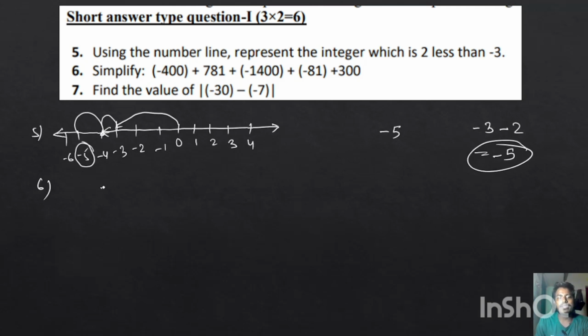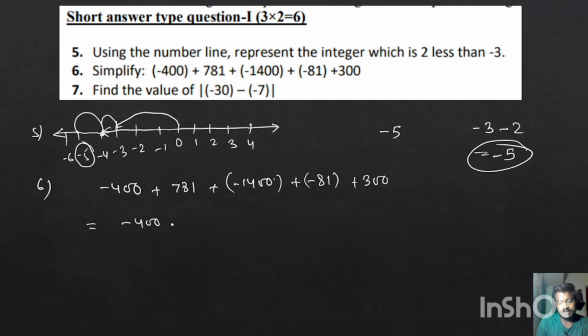So the answer is -5. Now question number 6. Simplify -400 plus 781 plus -1400 plus -81 plus 300. First we arrange: -400 plus 300 plus -1400 plus 781, then -81.